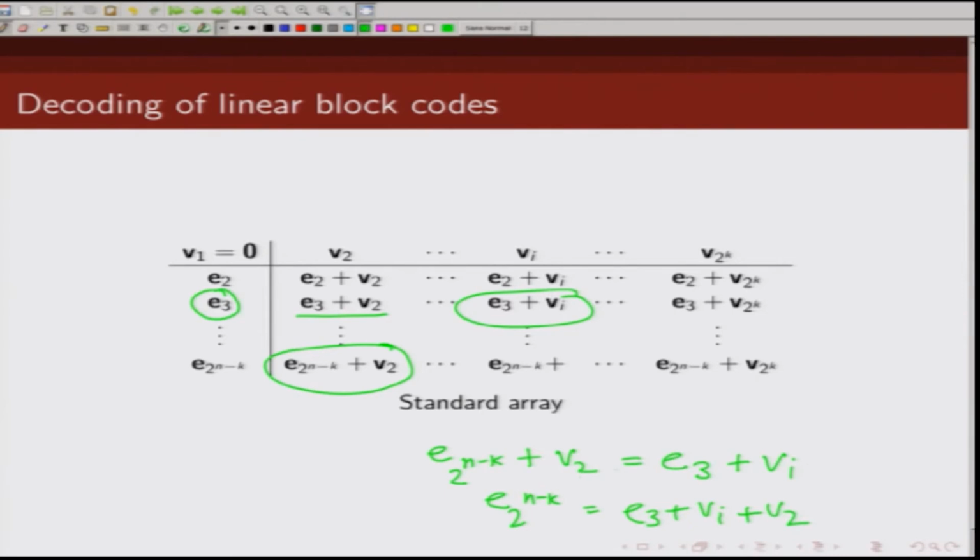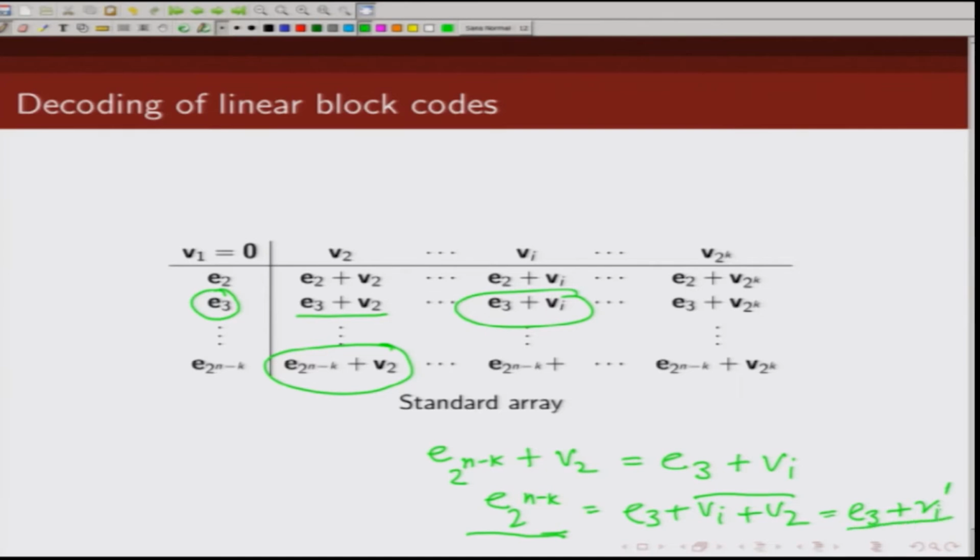So, v2 plus v2 will be 0. So, we can write this error pattern as e3 plus vi plus v2. And what is vi plus v2? vi plus v2 is another code word. Why? Because that is a property of a linear block code. So, this will be e3 plus some other code word, let us call it vi hat. So, this error pattern e_{2^{n-k}} is e3 plus vi hat.